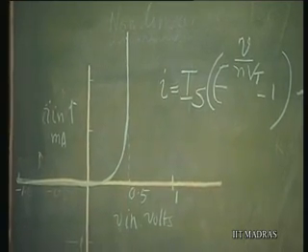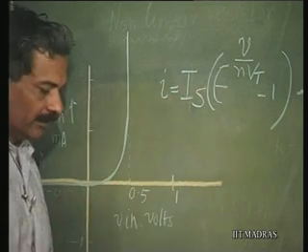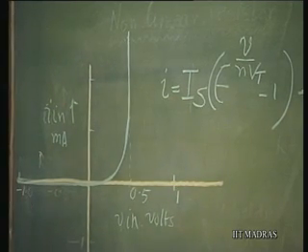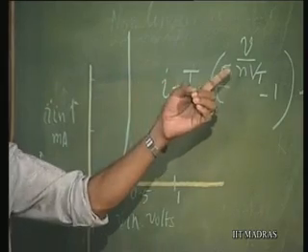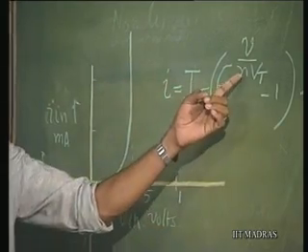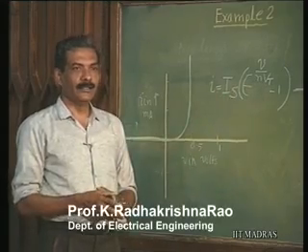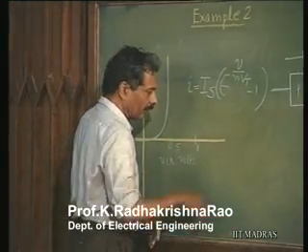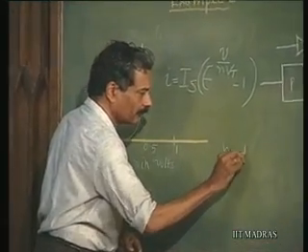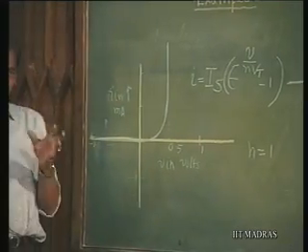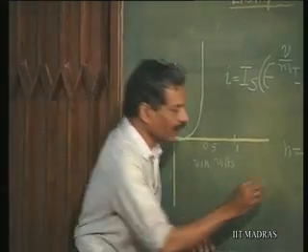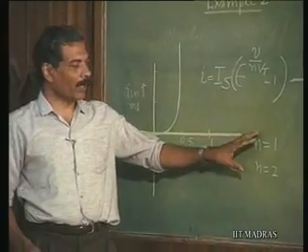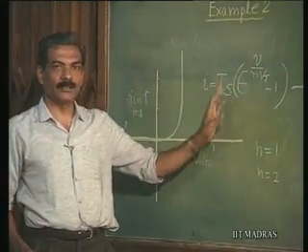In the case of a semiconductor diode, let us say a silicon diode, which is the commonly used diode nowadays, this n in the case of integrated circuit diodes is around 1. In the case of discrete diodes, it is around 2. So, basically n is between 1 and 2 for diodes.